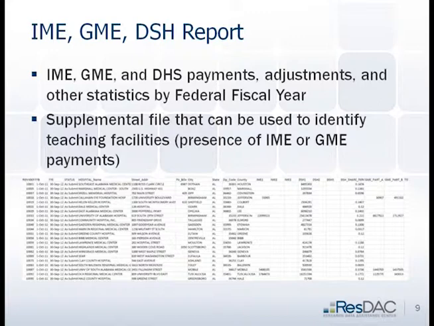So on this screenshot here, for example, there is a facility, the fourth one down, that has GME for parts A and B. So that would indicate to me that it's a teaching facility, and we could look and verify that by looking at the interns and residents that are there for the hospital and the cost reports if you wanted more detail. But this would be a nice report to give you some of that information.